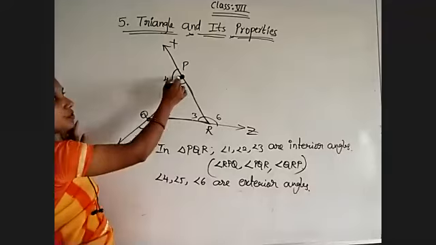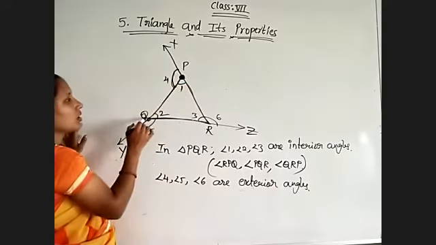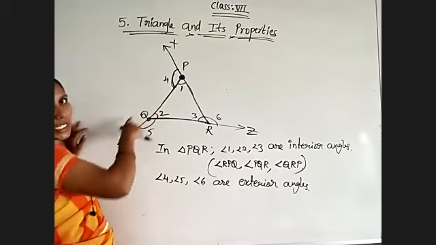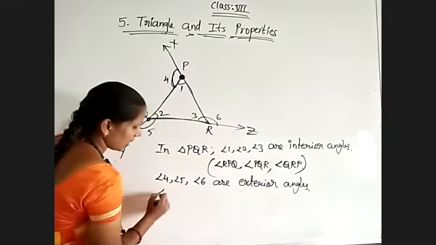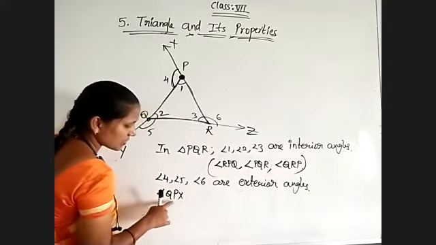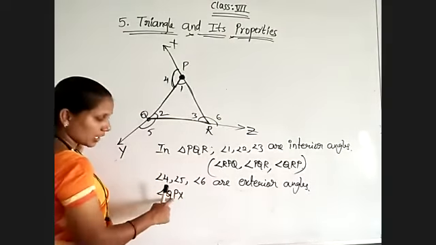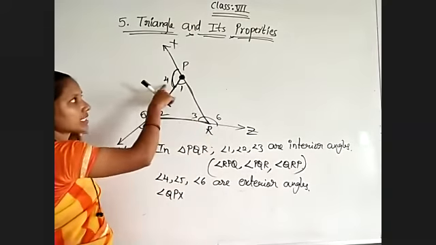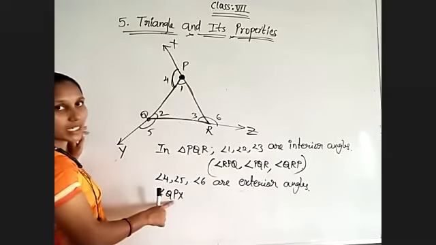See, for angle 4, QPX, otherwise YPX. You can choose anything, no problem. So I am writing QPX. Angle QPX. Just observe, at P only you are getting both, but this is exterior and this is interior. Both are at P itself, but this one is referring to the interior angle and this is referring to the exterior. That's why we are getting P in the middle.